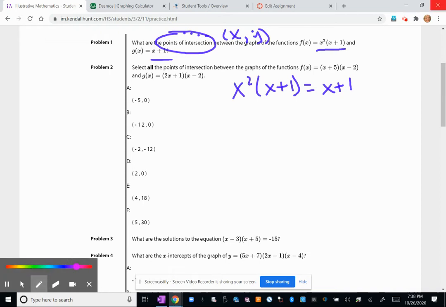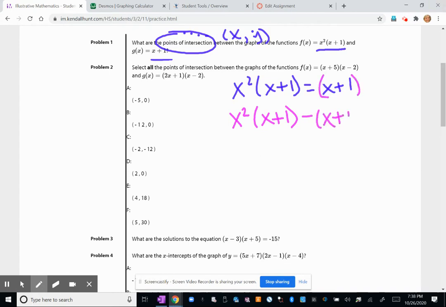So I rewrite x squared times x plus 1, minus x plus 1, is equal to 0. Overall, this equation is just showing two big terms. That's one and that's the other one.